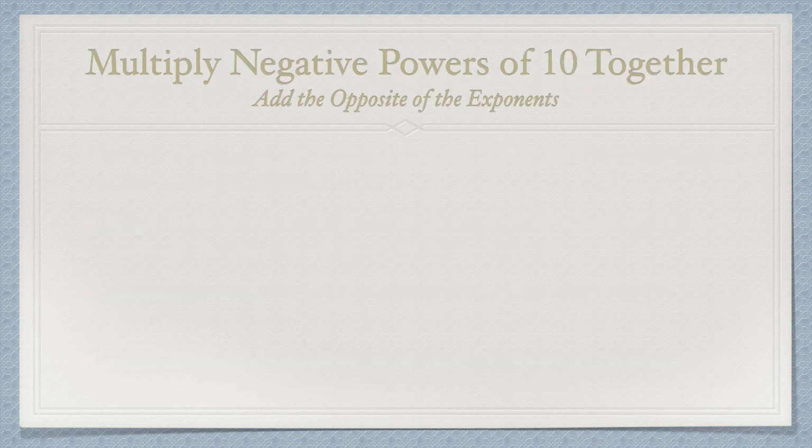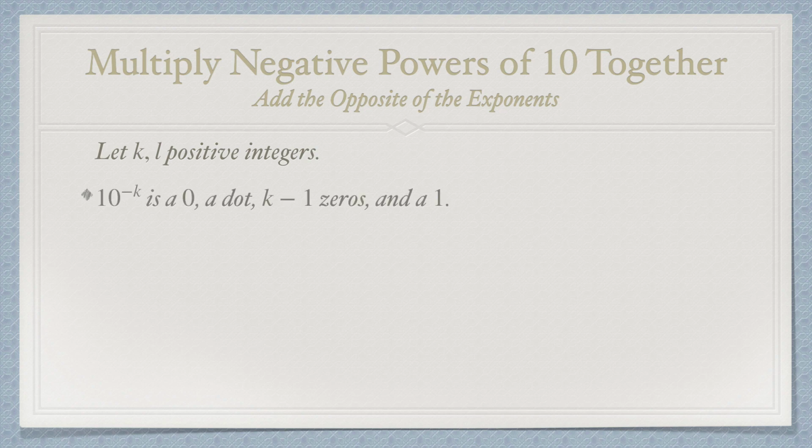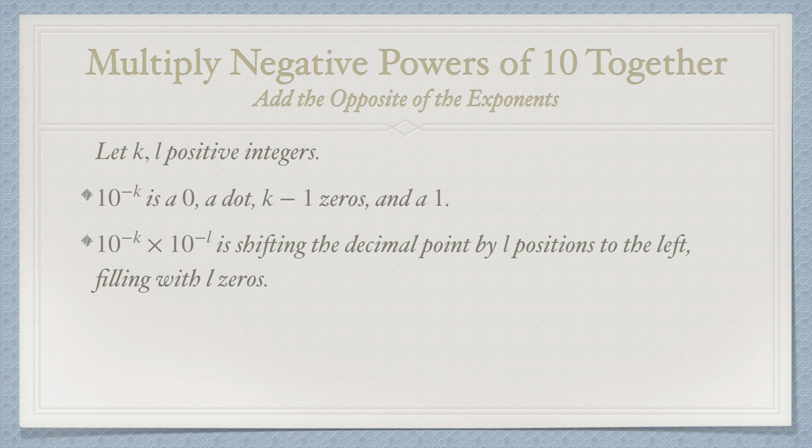Multiply negative powers of 10 together is add the opposite of the exponents. Let k and l be positive integers. Then 10 to the power minus k is a 0, a dot, k minus 1 zeros, and a 1. If you multiply 10 to the power minus k by 10 to the power minus l, you have to shift the decimal point by l positions to the left, filling with l zeros.